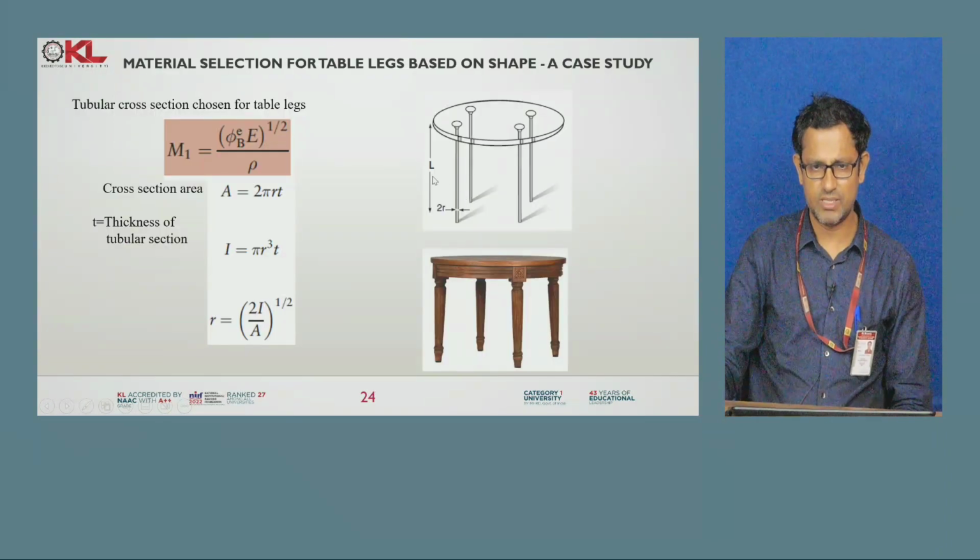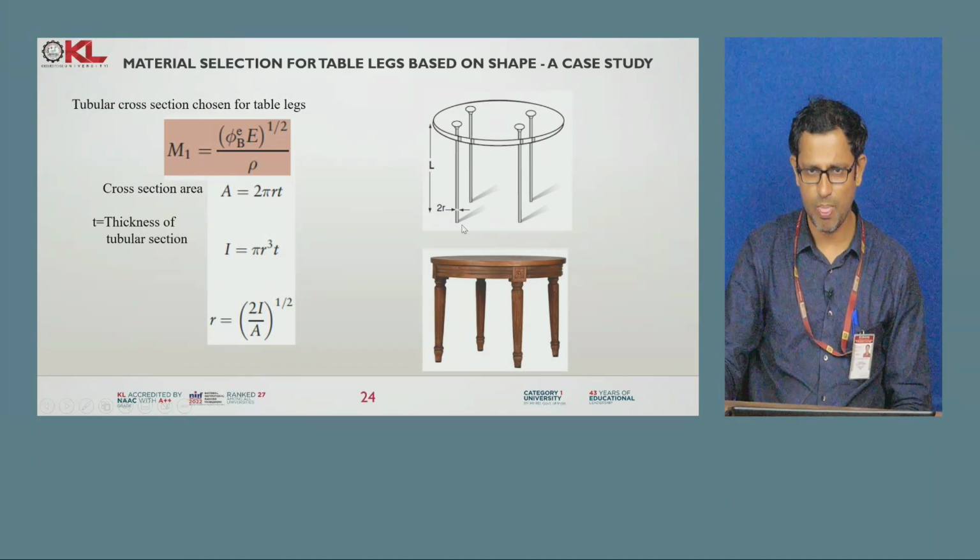So in the previous session we have seen how to select a material for your table legs. Now for the same table legs, by considering the cross section of this table leg, we will find out the suitable material for it.